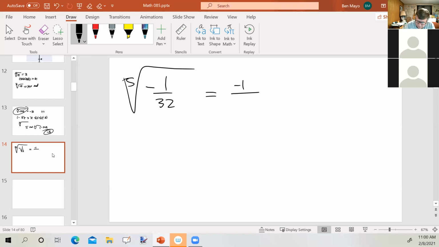What's the fifth root of 32? Good question. Well, think it through without a calculator. 1 times 1 times 1 times 1 times 1, not big enough. How about 2 times 2 is 4, times 2 is 8, times 2 is 16, times 2 is 32. So the fifth root of 32 is 2, so that goes in the denominator.